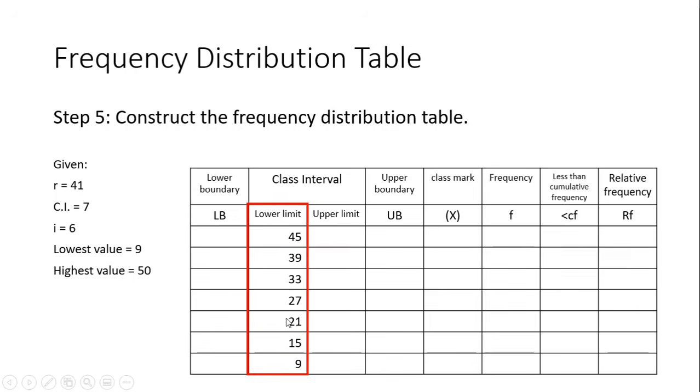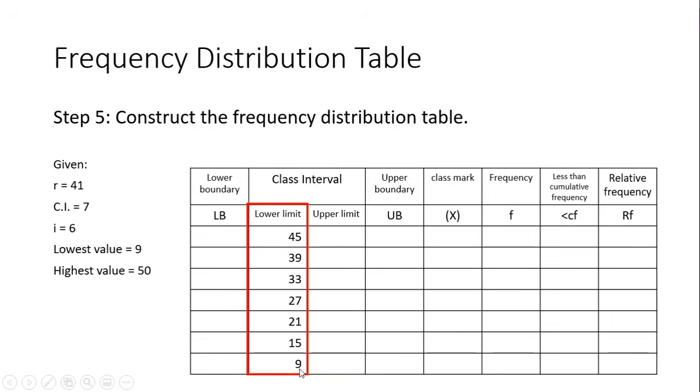And then 21 plus 6 equals 27, in which your class size here will be the intervals of your lower limits. That's why it's very important for us to compute for our class size. So again, for this column, you will start with the lowest value from your data set.